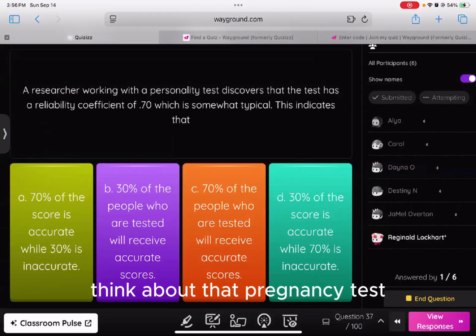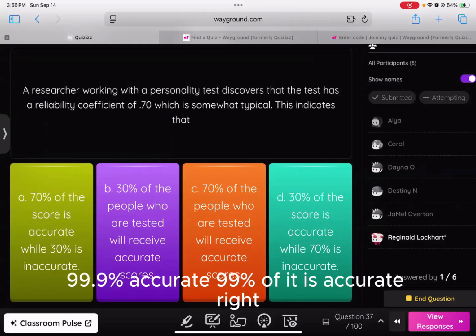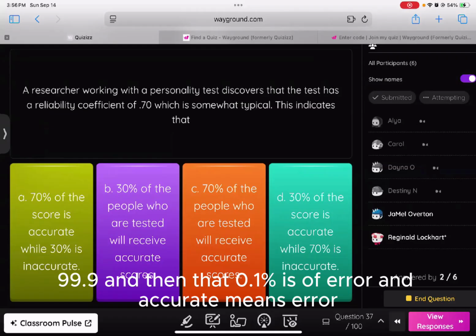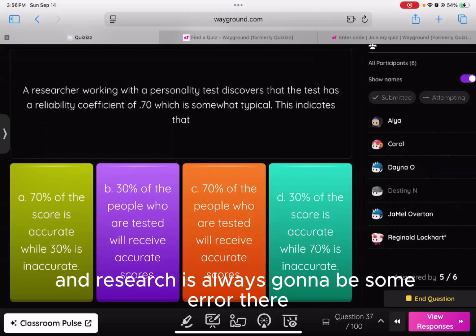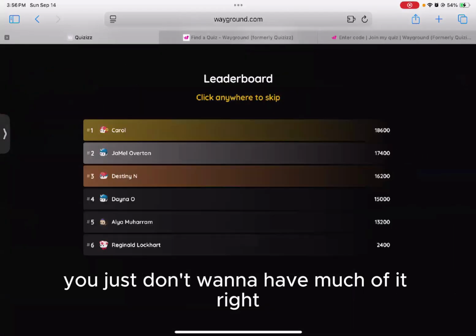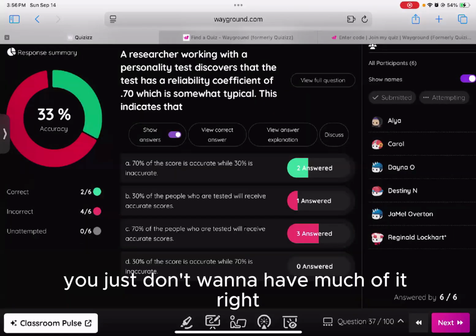All right, think about that pregnancy test, 99.9% accurate. 99% of it is accurate, right? 99.9, and then that 0.1% is of error. In research, there's always going to be some error there. You just don't want to have much of it, right?